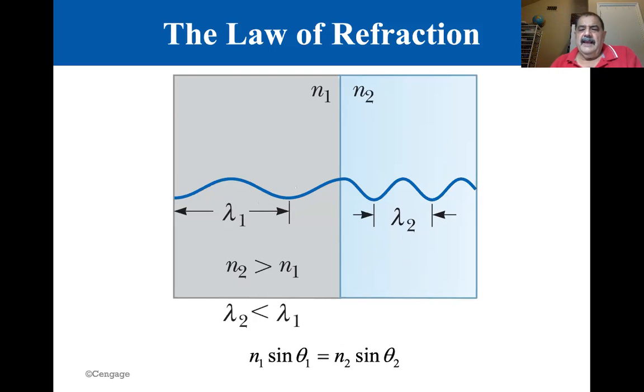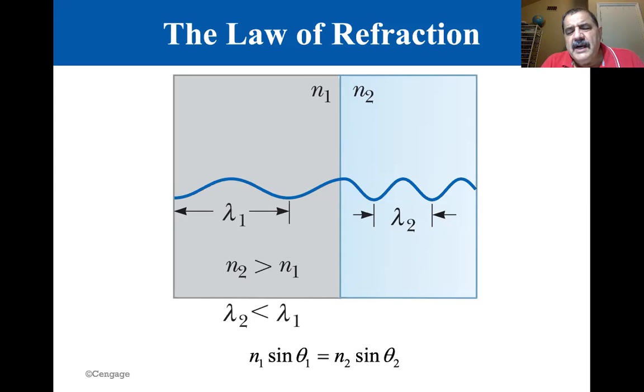And at the very bottom, you get what is called Snell's law: n1 sine theta 1 equals n2 sine theta 2. In most cases, we use n1 being air, which is 1.000, whatever it was, 1.0 for our purposes.